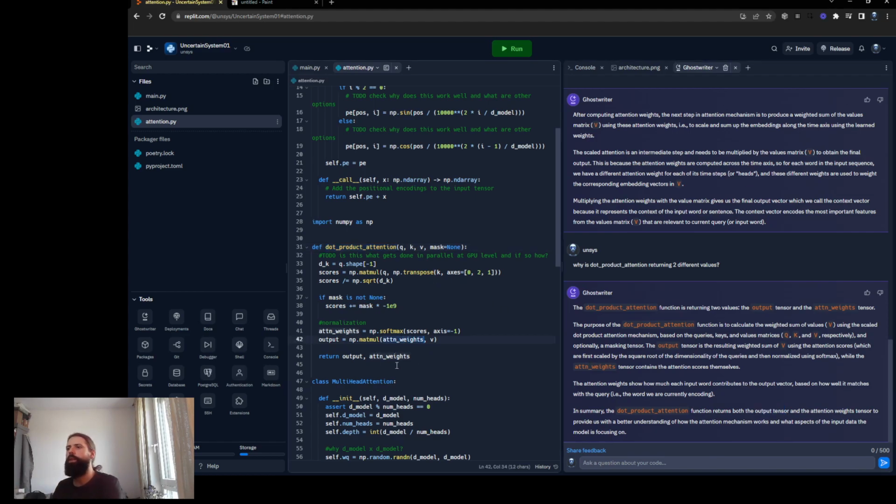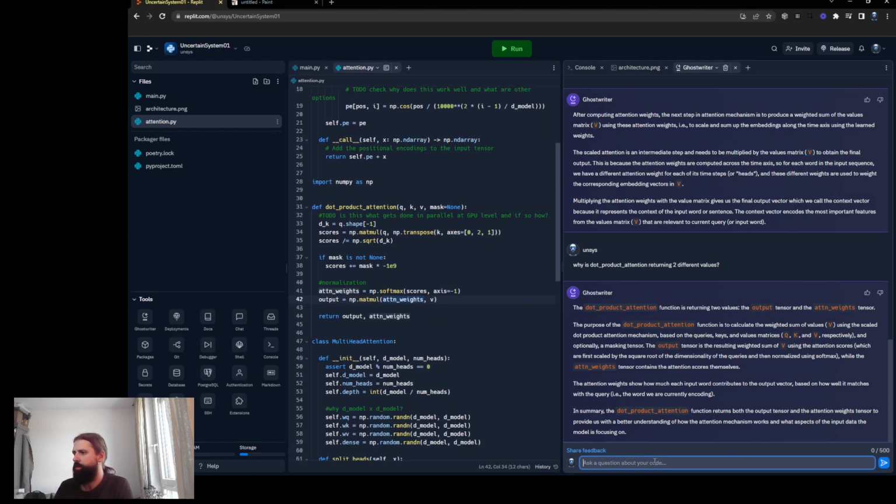Essentially, we're multiplying the attention weights to V itself. V is yet another projection, right? But V is yet another projection of our original X.